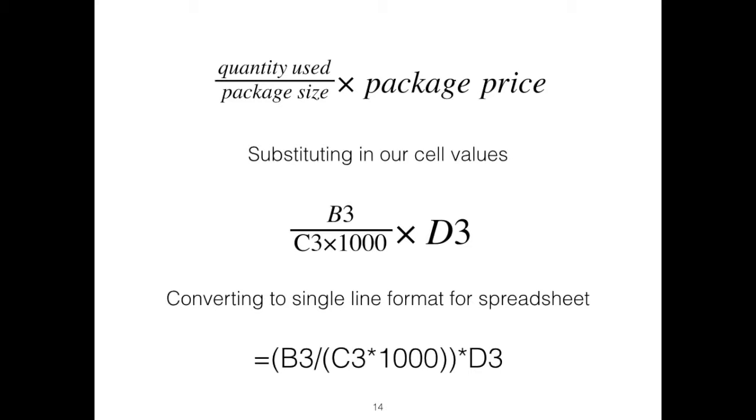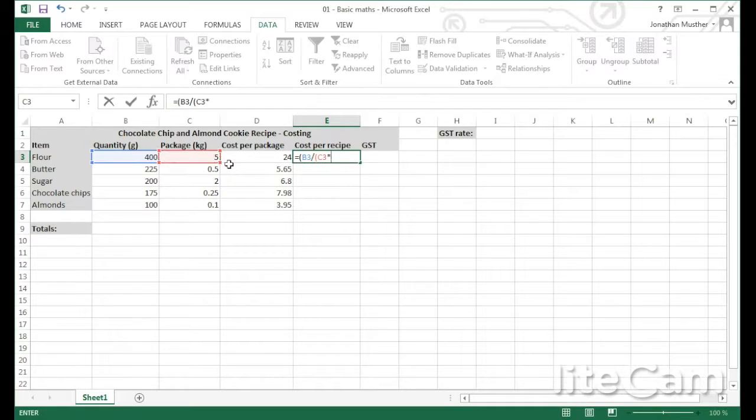that the correct formula you need to put into the cell in column E in order to calculate the cost per recipe for the flour, say in E3, is equals open bracket B3 slash open bracket C3 times 1000 close bracket times D3.